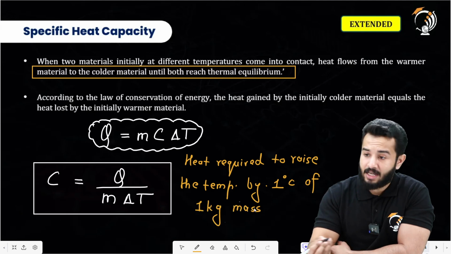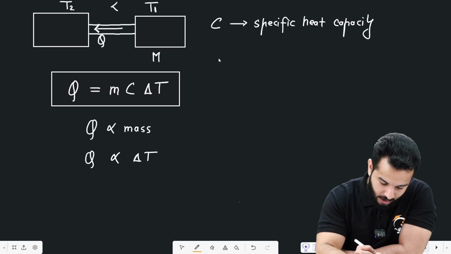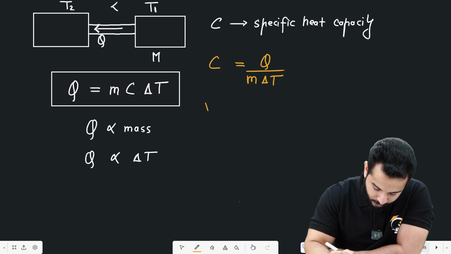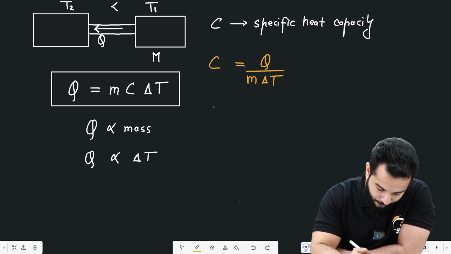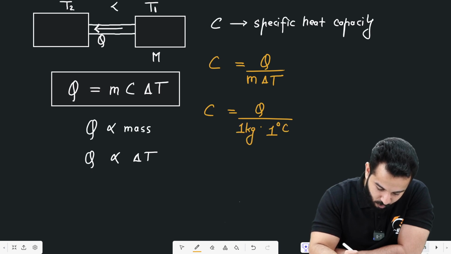Is that correct? Well, this makes complete sense, because please understand over here that if I'm talking about C equals Q divided by M times delta T, so I'm saying specific heat capacity will be equal to the heat required to raise the temperature by 1 degree Celsius of 1 kg material.